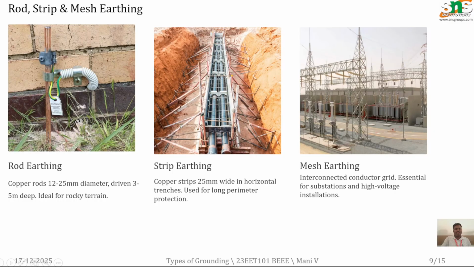For strip earthing, we use copper strips 25 mm wide, laid horizontally. It can be used for long perimeter protection. Mesh earthing is an integrated conductor grid, essential for substations and high voltage installations such as power generation stations and intermediate stations.